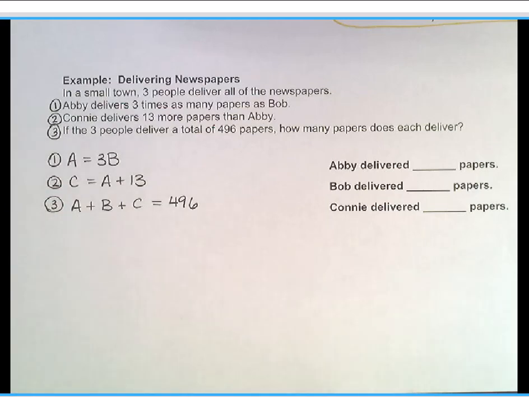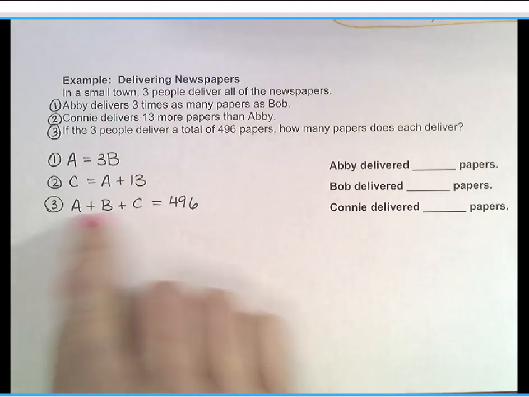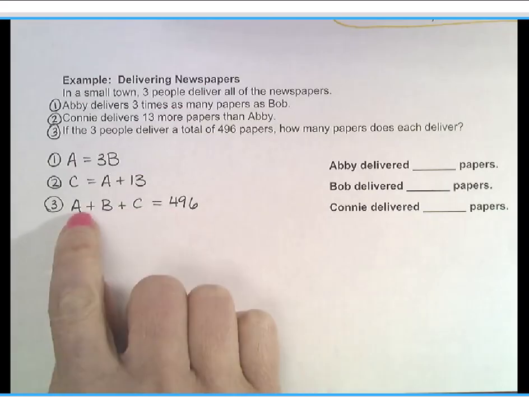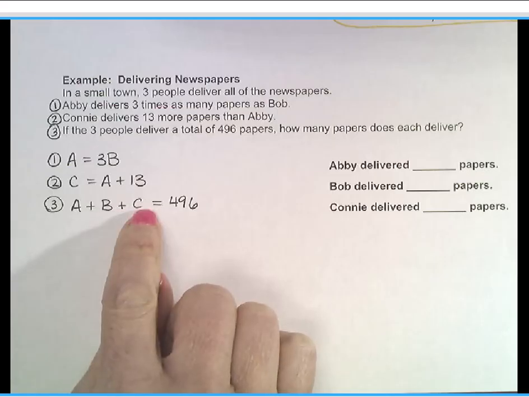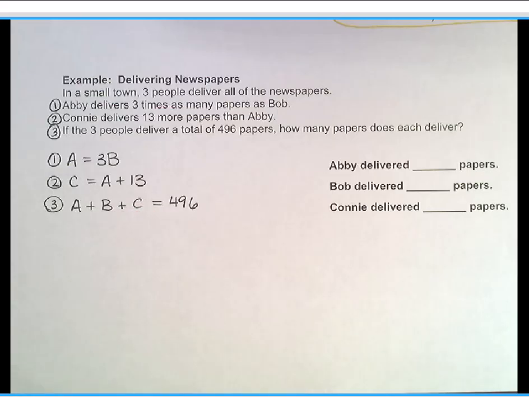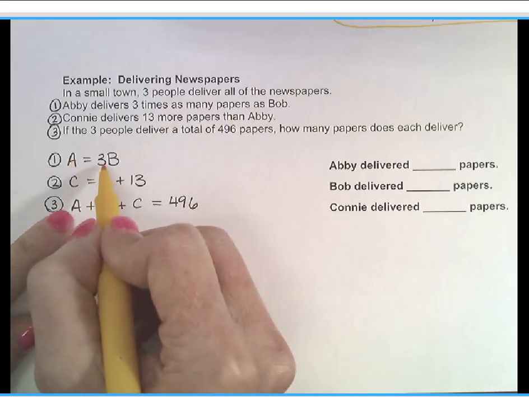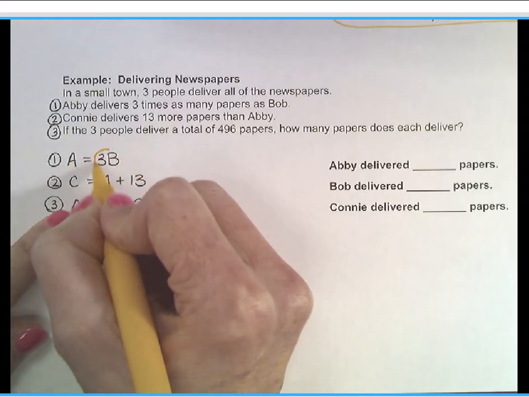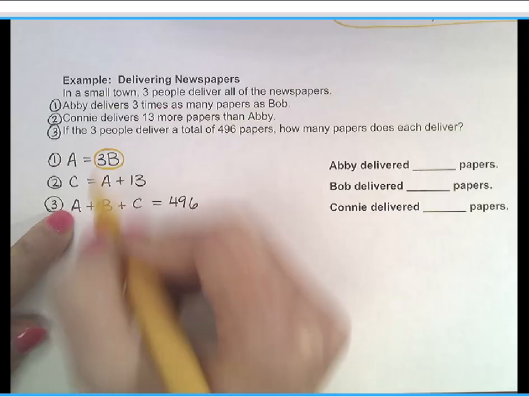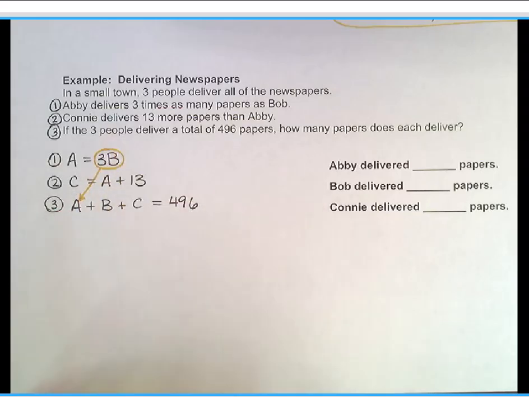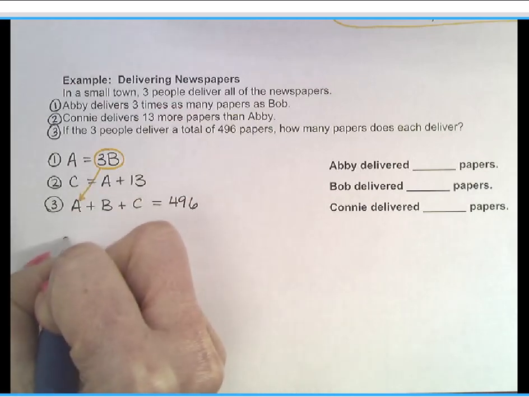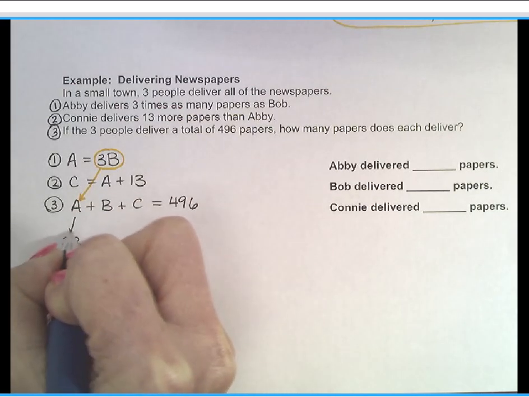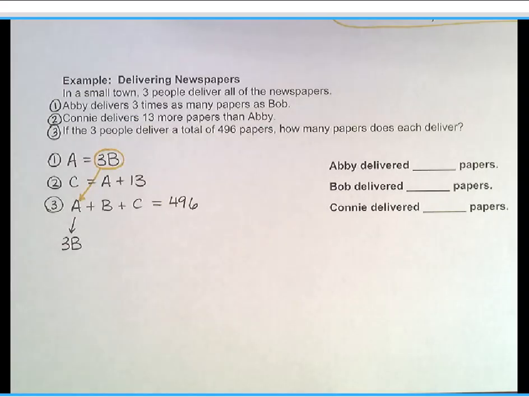So we're going to use information to try to not have an equation with 3 variables. I'm going to work with this equation because it involves everybody. But I would like to have just 1 variable and not have A, B, and C. So it tells me that A is 3 times B. So why don't I take that and substitute it in for my A? I can say that A is 3B. I'm just changing it into Bob notation.